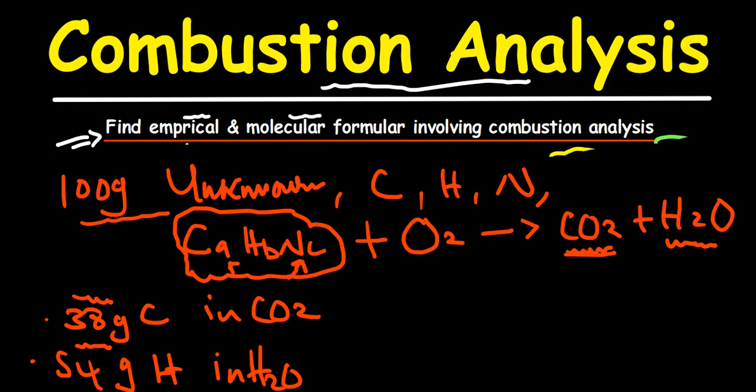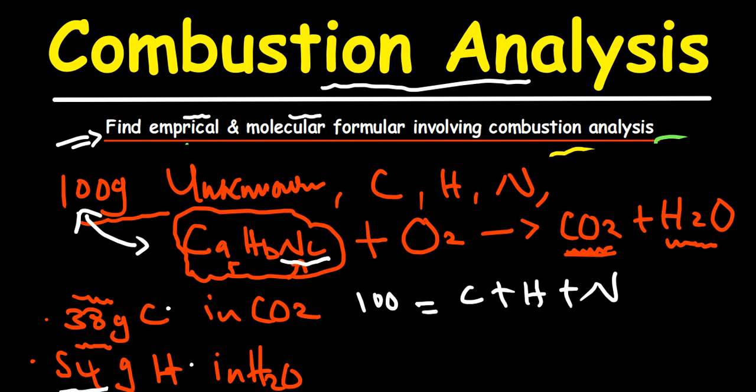So remember, this unknown compound had a mass of what? 100 grams. So if the mass of carbon is 38, the mass of hydrogen is 54, what is the amount of this nitrogen here? We're going to say 100 is as a result of adding the mass of carbon plus the mass of hydrogen plus the mass of what?